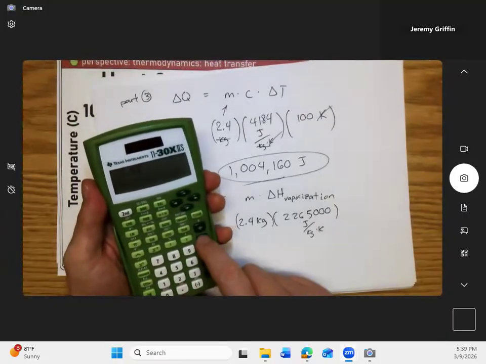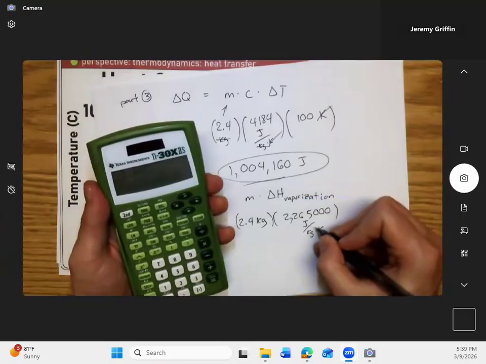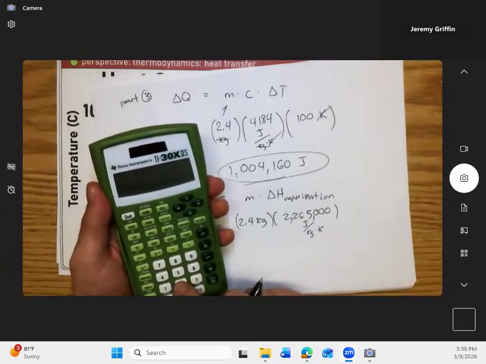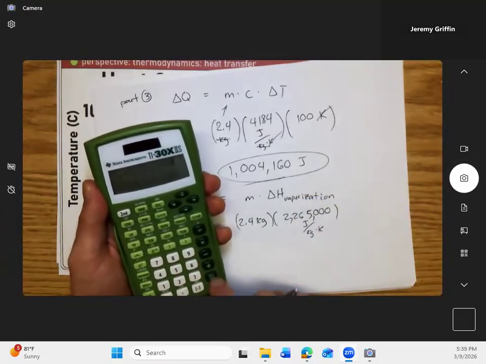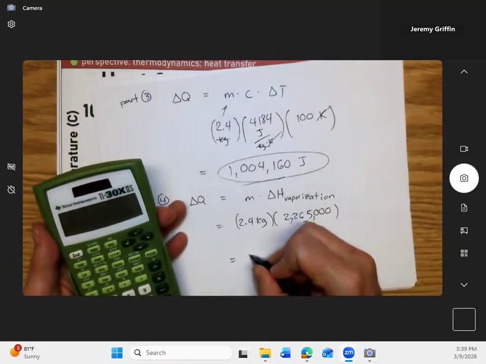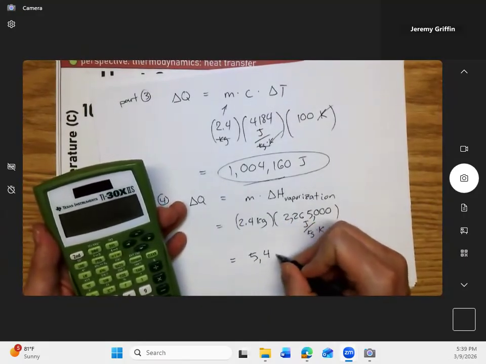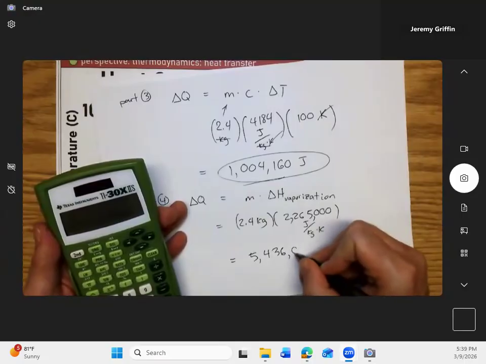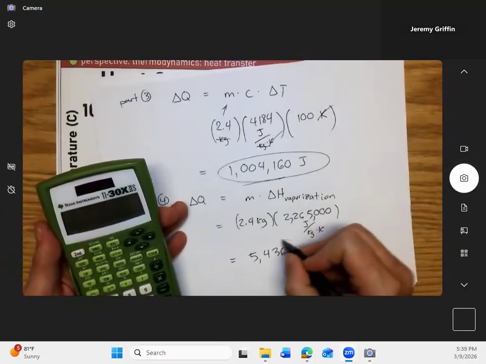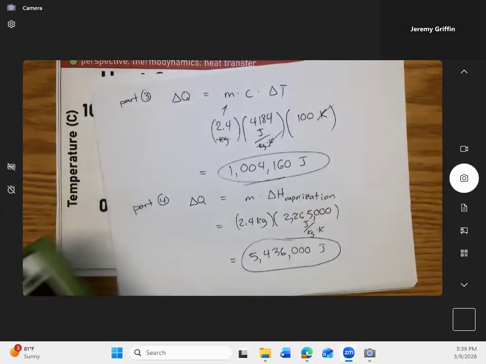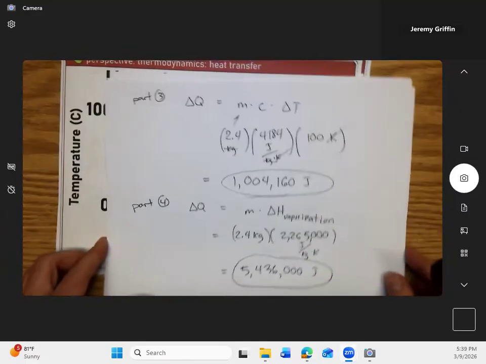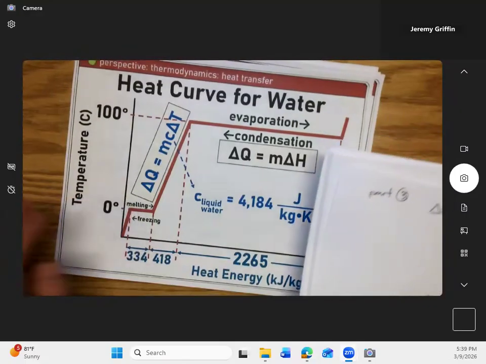That's 2.4 times 2,265,000, and that is 5 million something joules. Definitely the biggest number we've had so far on this 4-part journey, which also aligns with this picture.